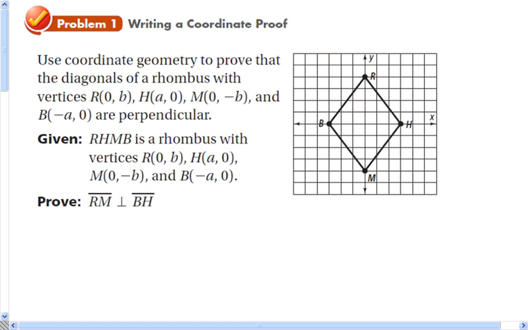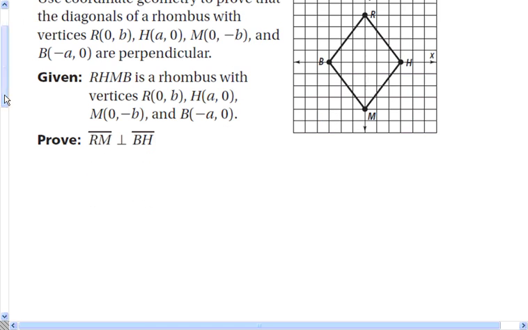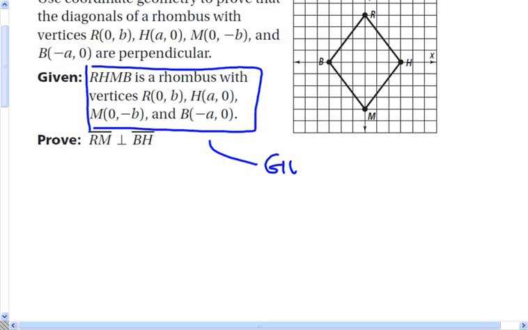All right. So I'm going to just skip a little bit here so I don't have to write everything. But first of all, our first step is just to show what we're given. So that's given. And our next step would be to use those coordinates to create slopes for our diagonals.